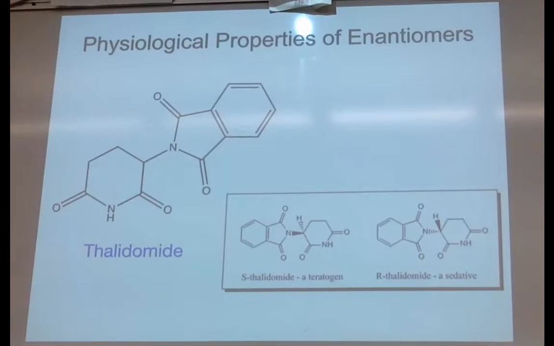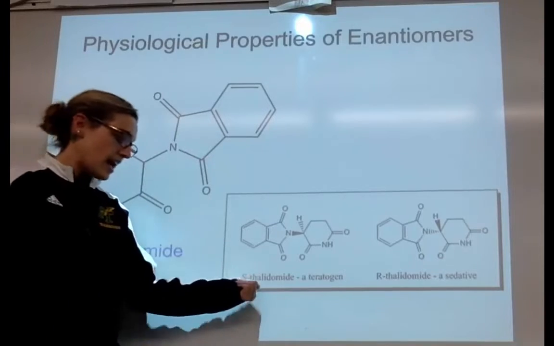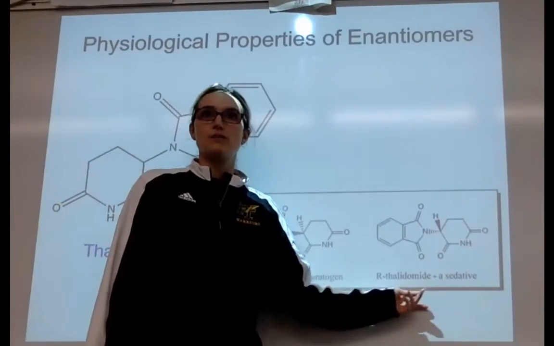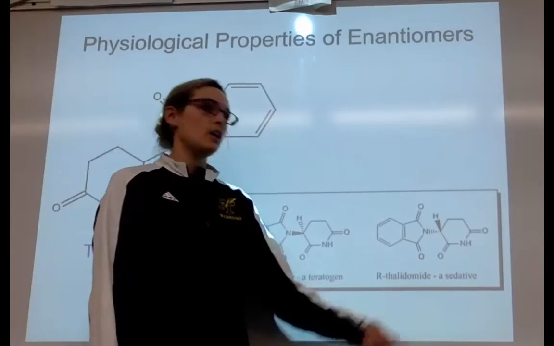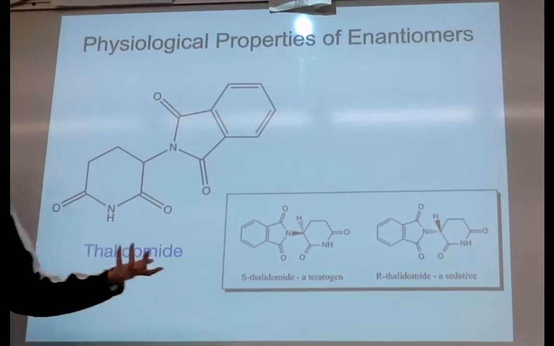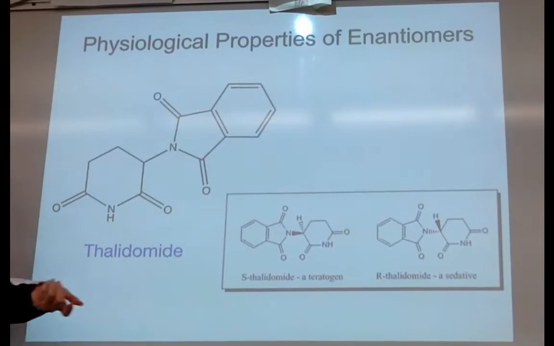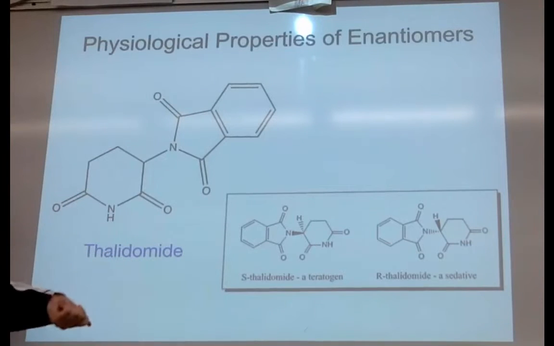So there's this big thing called the thalidomide tragedy, where they thought that because the R enantiomer was a sedative, they could use the S enantiomer in pregnant women. And then they found, right after all these pregnant women had their kids, there were lots of birth defects. And they found that it was because of S-thalidomide being given to them.